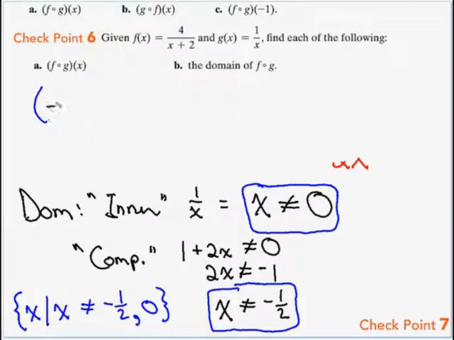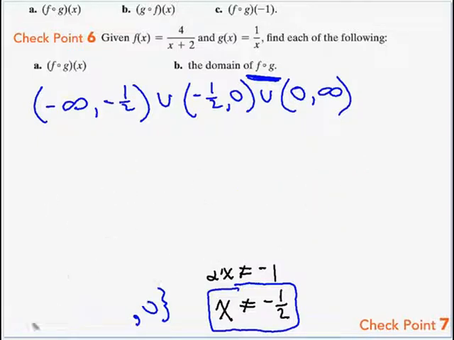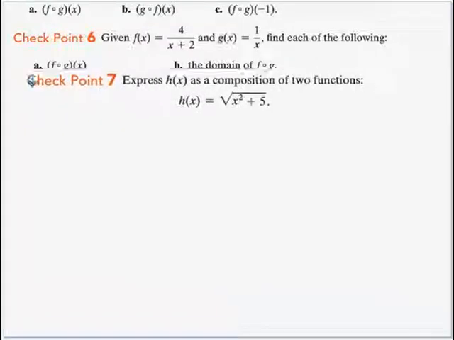Interval, we'd start at negative infinity and go to negative a half, and then union that from negative a half to 0, and then union that from 0 to infinity. And there's our domain of the composed function. Remember to always check that inner function's domain. That inner function is hidden in the composed function, but we still have to respect its domain.